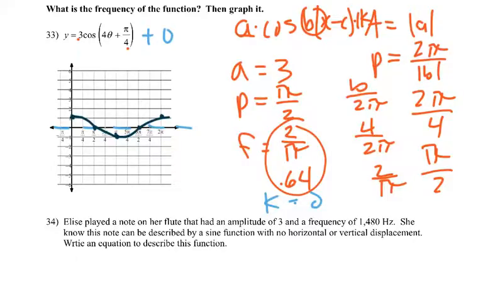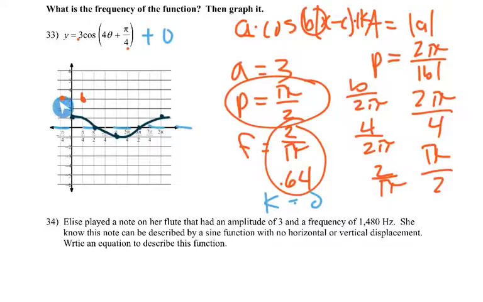Okay, so instead of starting on the x-axis here, we're going to shift this over, and then our amplitude is 3, so we jump up to 3. So there's where we start. Okay, our period is also pi halves, so we're going to end at pi over 4, because that's pi halves over. Then, just like start and end, we go to the middle and go below.